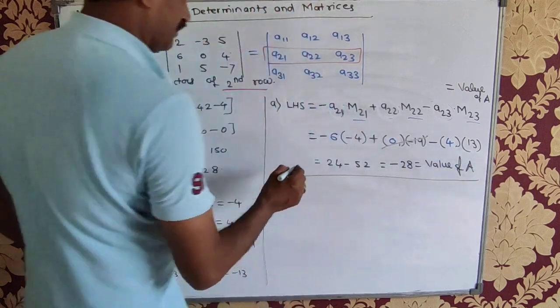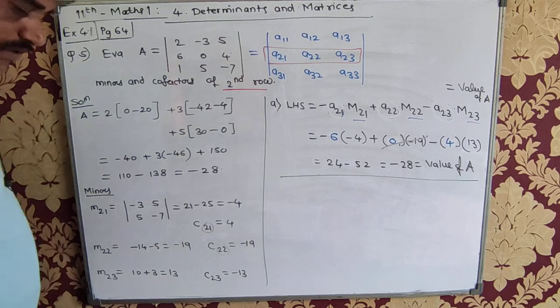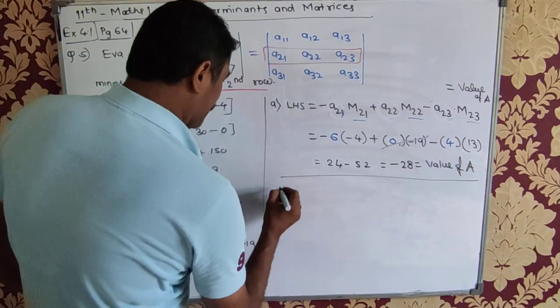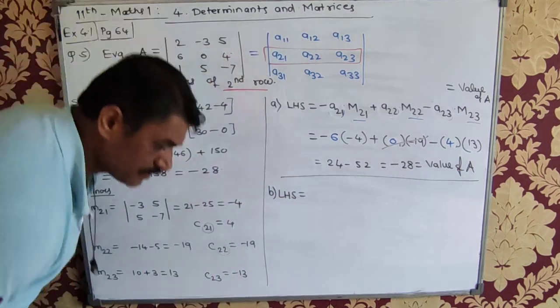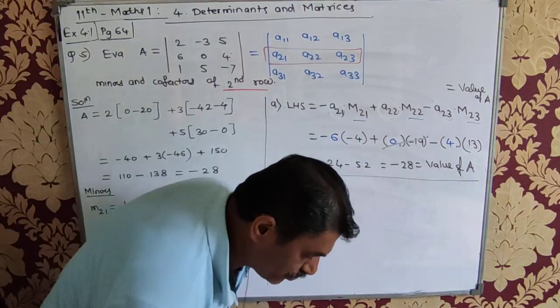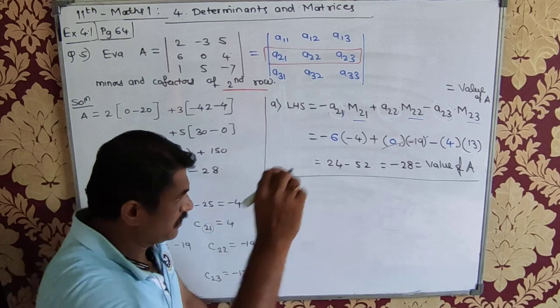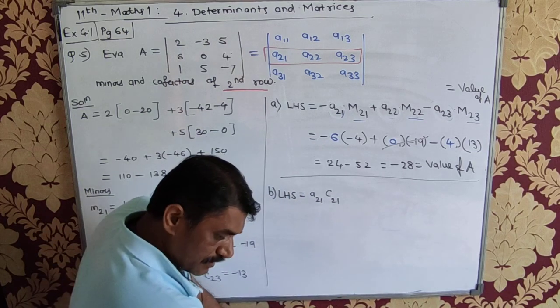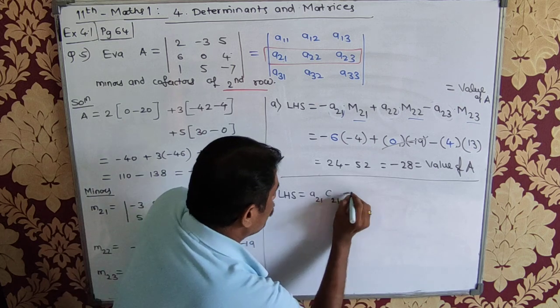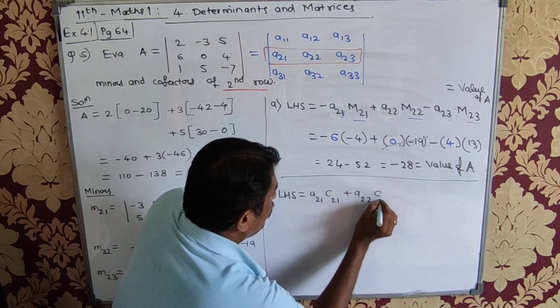Okay? In the second part, again they are asking something. What is the LHS? LHS says A21 C21 plus A22 C22 plus A23 C23.